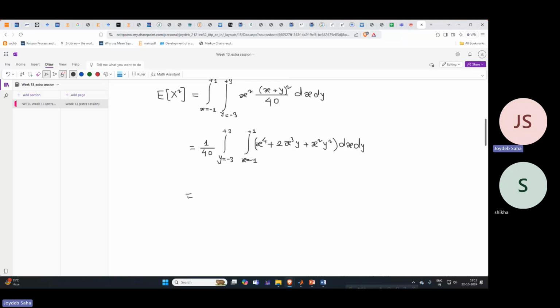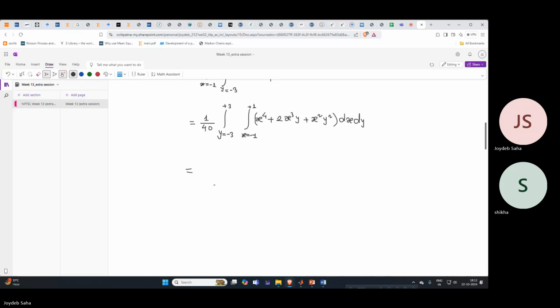Let us do the integration with respect to x first. Then it will be 1 upon 40, y is equal to -3 to +3. What will be this value?